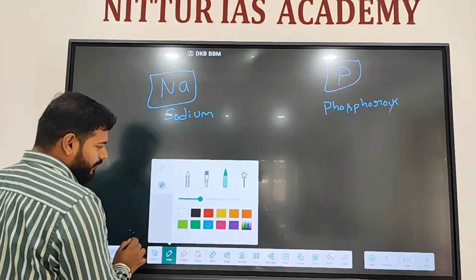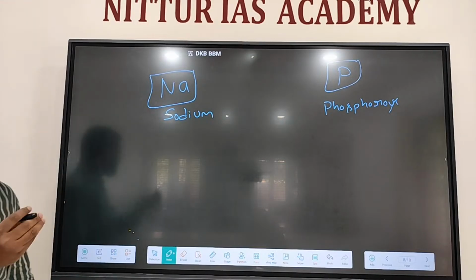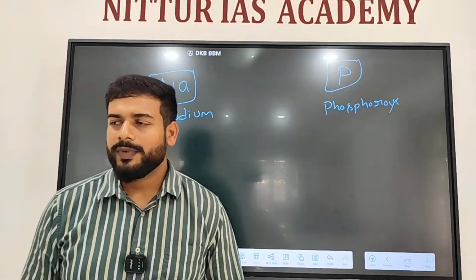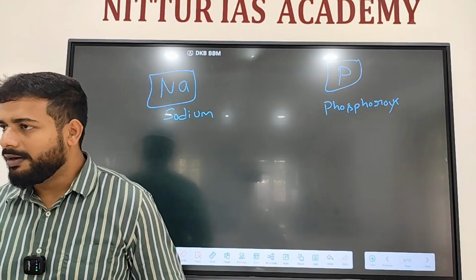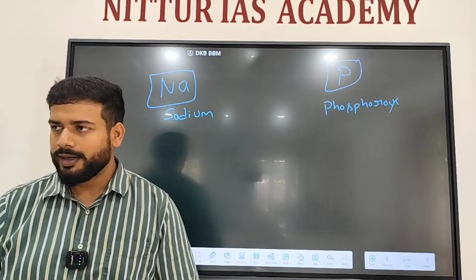Have you read the book Wings of Fire by Dr. APJ Abdul Kalam, his life story? In his book, he shared an incident where he, along with his friend, went to see experimental apparatus.